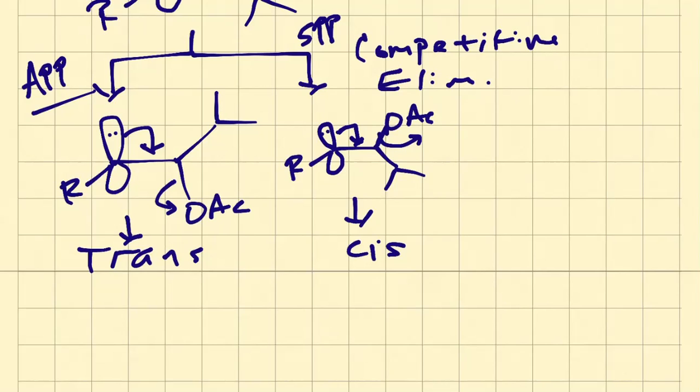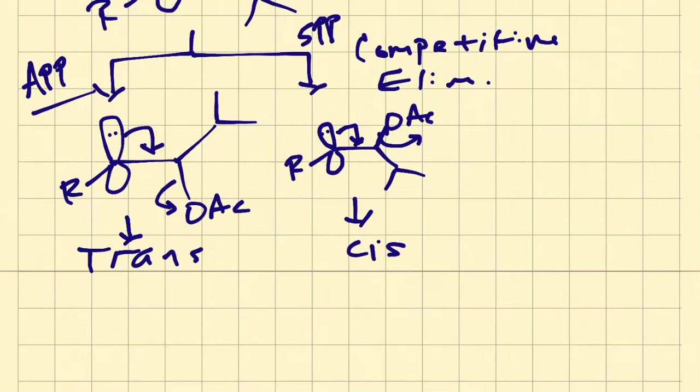Okay. I like that idea, but it's kind of more of a rate argument. So think about it. If the trans is predominant over the cis, then that must mean that bond rotation and elimination for the trans species is happening faster than just the elimination for the cis, right?